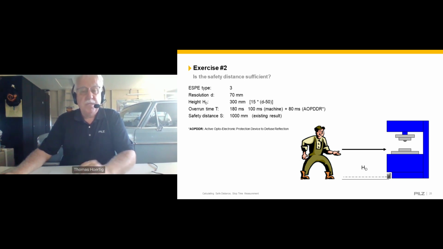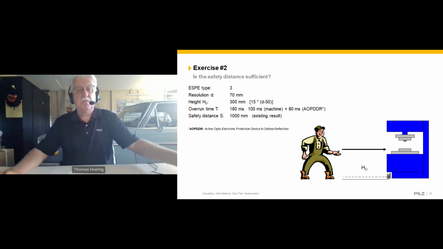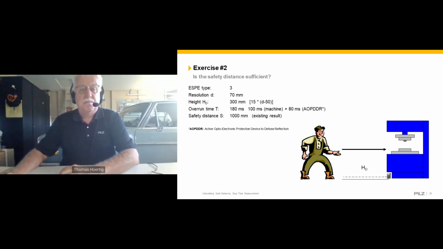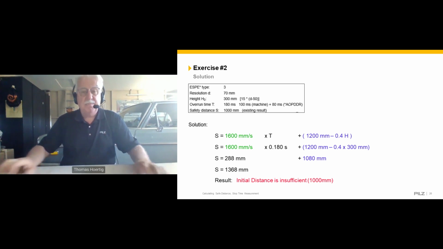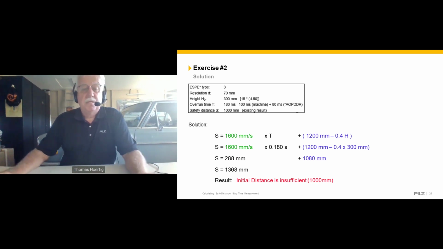Now again, as an existing result or calculation, we have 1,000 millimeters. All right, so now let's fill in some of the blanks. The formula is the approach speed, 1,600 millimeters per second, times the time, plus the height with our resolution. We fill that in.